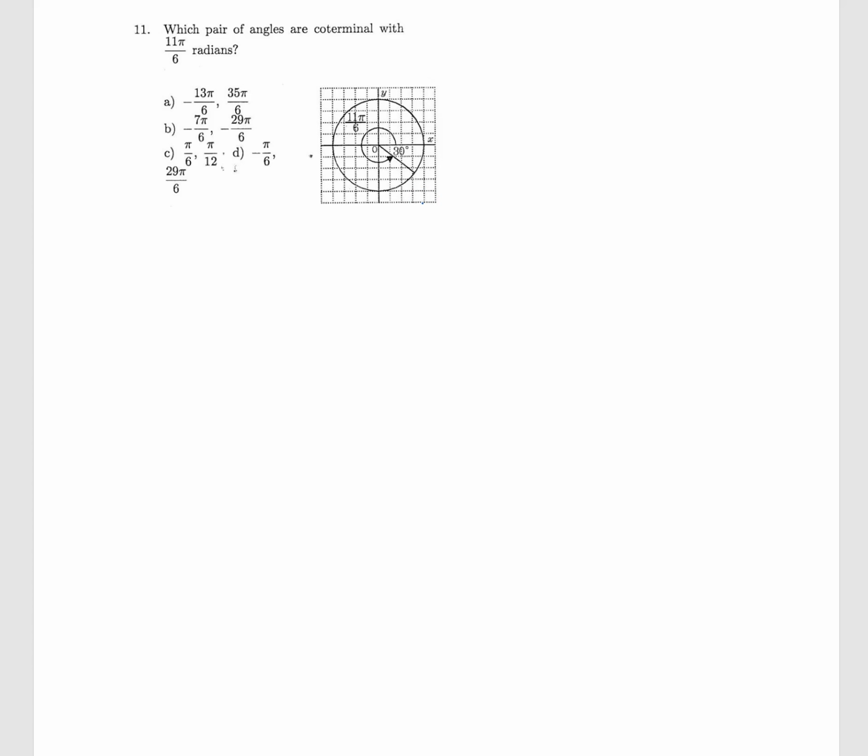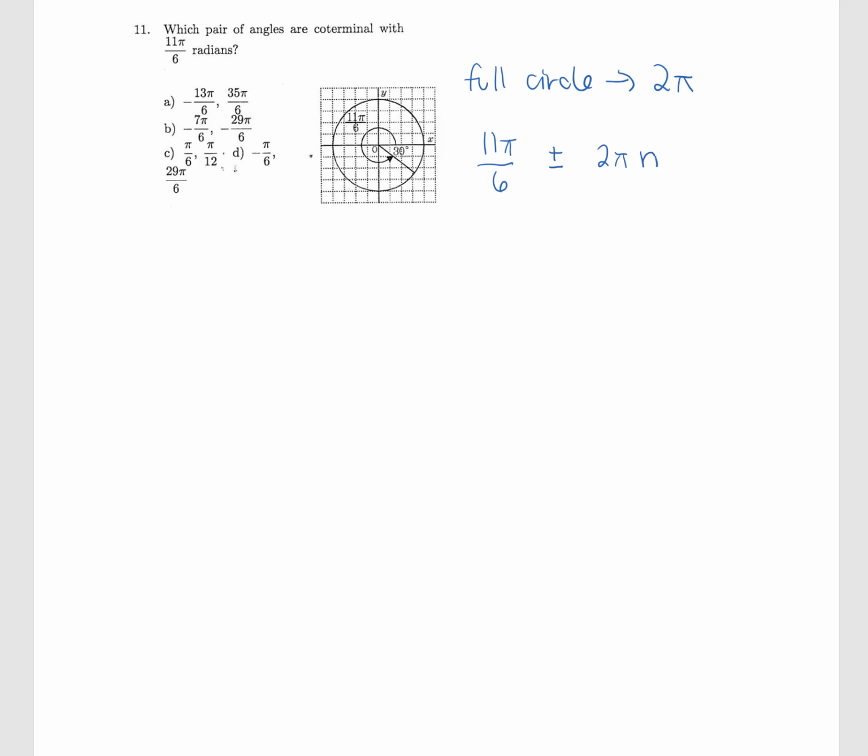And so we know that a full circle in radians corresponds to 2 pi radians. So what we're doing here to find coterminal angles is basically taking 11 pi over 6, our angle, and adding or subtracting full revolutions of the circle, which is 2 pi times n, where n is a whole number for the number of revolutions we've done.